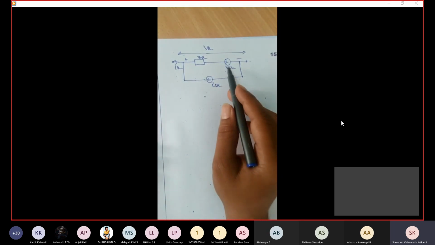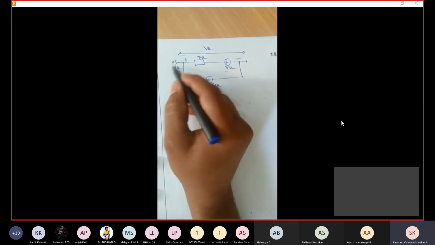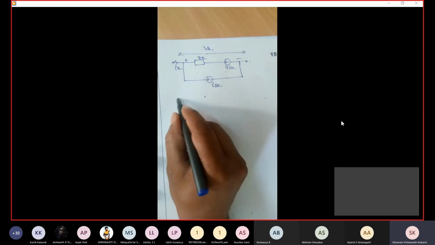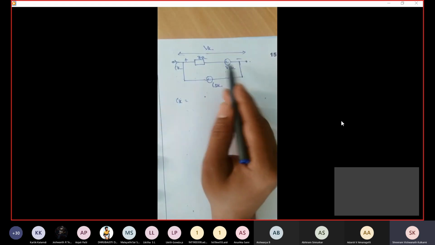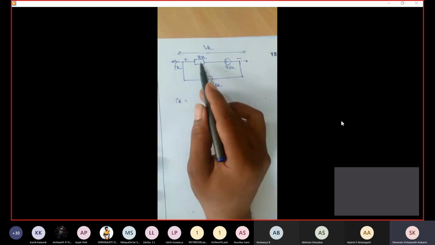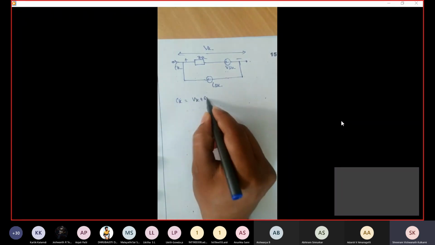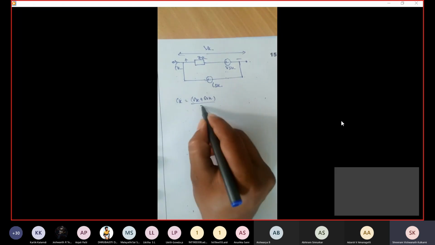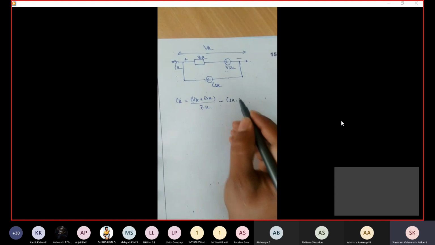Now first of all, what do I have to write for KVL? First we need to find this Ik. Ik equals Vk plus Vsk divided by Zk, then minus Isk.